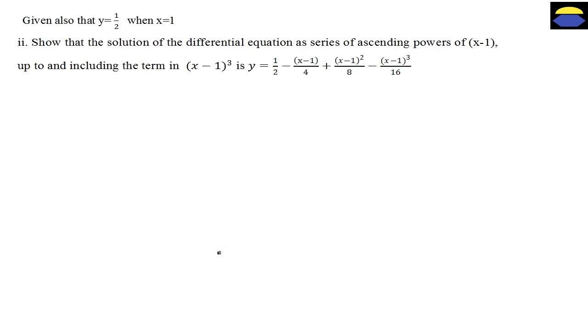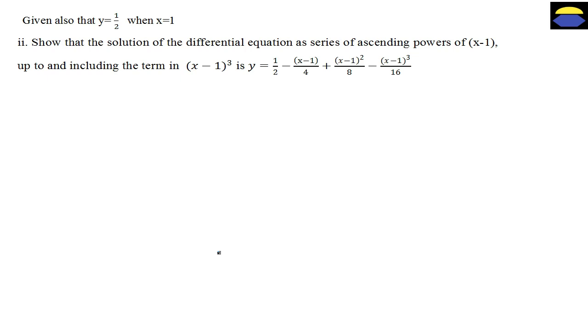So in part 2, they tell us that given also that y is equal to half when x is equal to 1, we should show that the solution of the differential equation as a series of ascending powers of x minus 1, up to and including the term in x minus 1 to the power 3, is this.